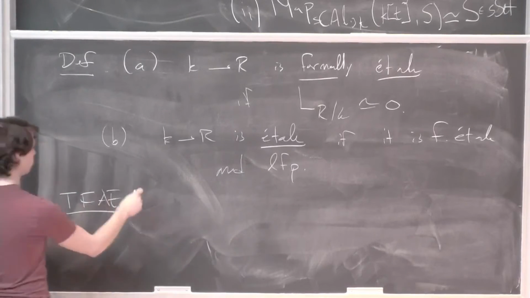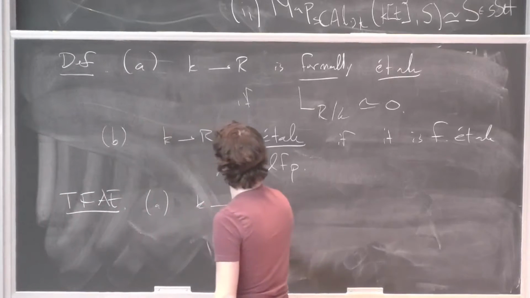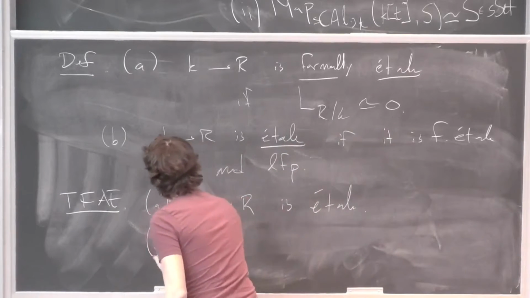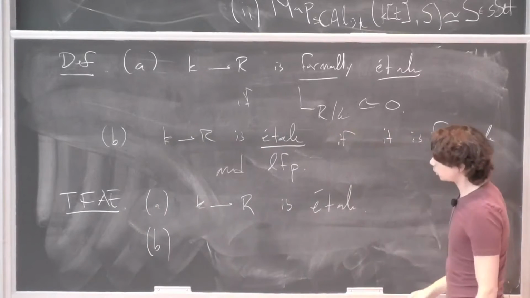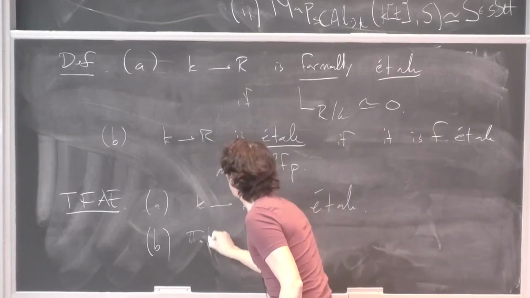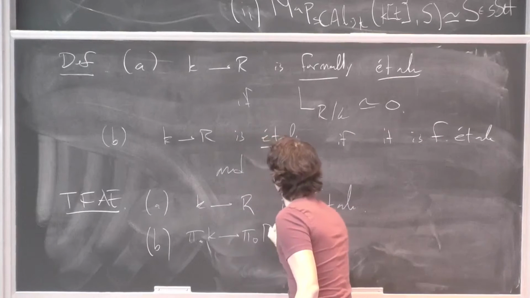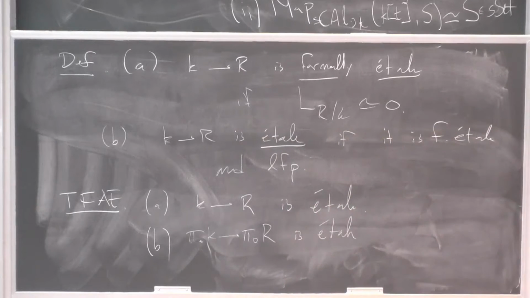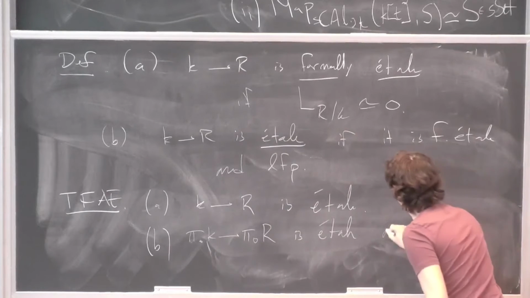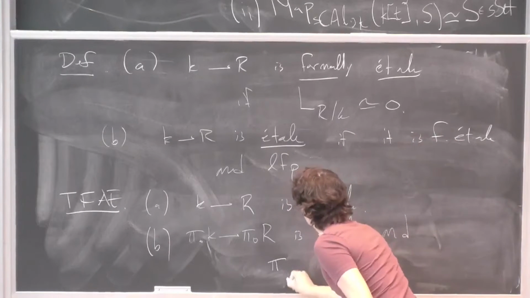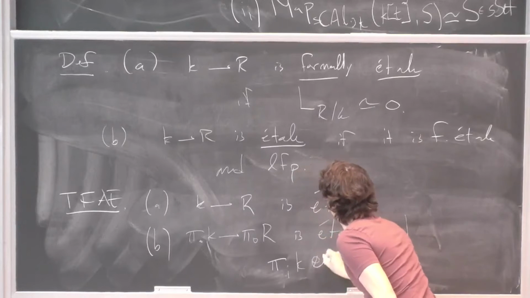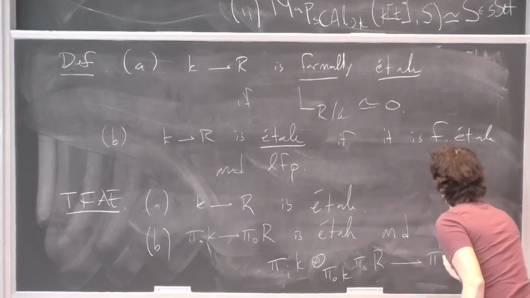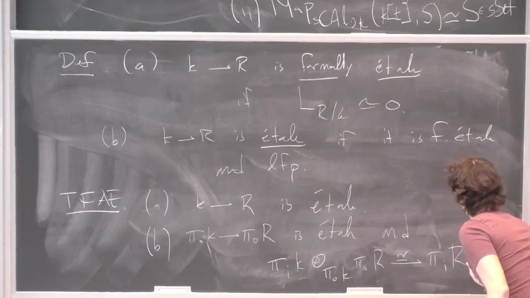And so there's an important fact here that there's a different description of étale maps. So K to R is étale. That's equivalent to the following. It's equivalent to being étale on pi 0, and this is just a map of commutative rings, okay? And the induced map, from pi i K tensored over pi 0 K with pi 0 R to pi i R, is to be an isomorphism.